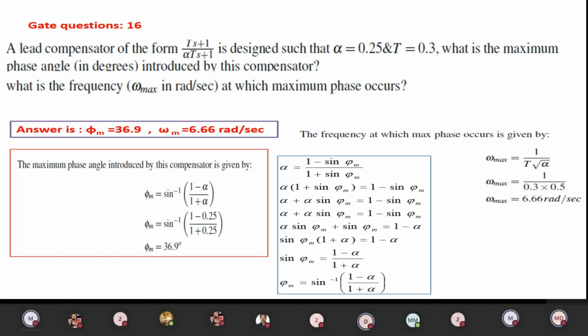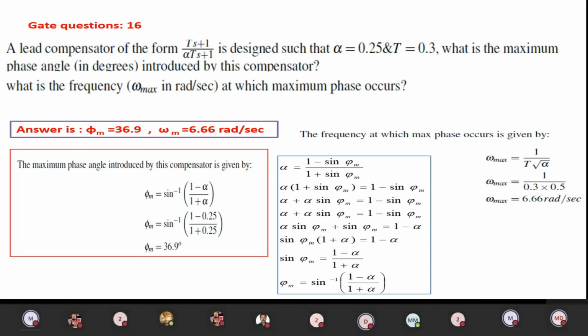Okay, so here you can see, omega m is equal to 1 divided by T into root of alpha. So we know the alpha value, T value, omega m is obtained as 0.66 radian per second, direct answer. And then the alpha value equation we already know, that is 1 minus sine phi m divided by 1 plus sine phi m.